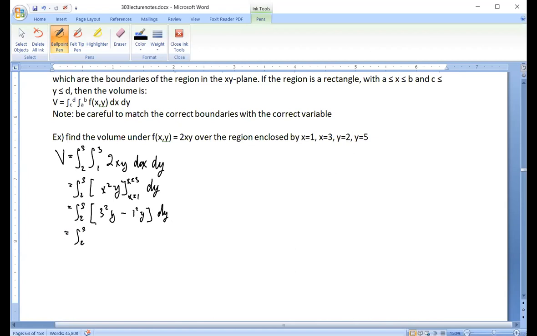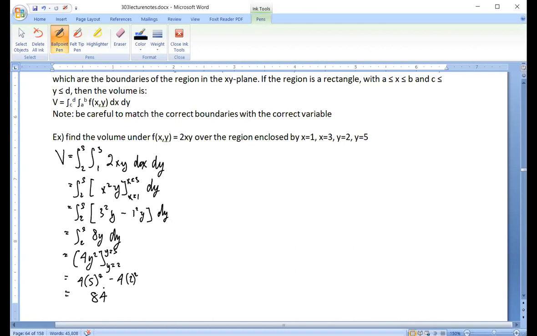And then simplifying with the algebra, that just gives you 8y dy. By doing this integral, 4y squared, y goes from 2 to 5. So 4 times 5 squared minus 4 times 2 squared. Work it all out, and you get 84.